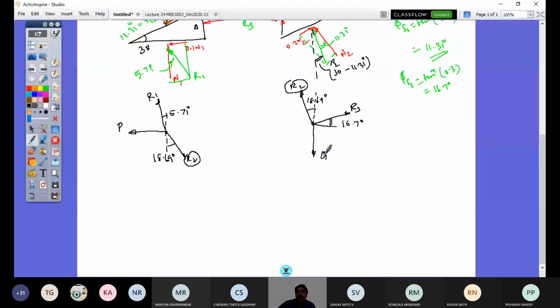If I do that, R2 by sine of the angle included by this, that is 90 plus 16.7, 106.7 degrees, equals Q by sine of the angle included here. How do you get that angle? It's 90 minus 16.7 plus 18.69, so it's 91.99 degrees.